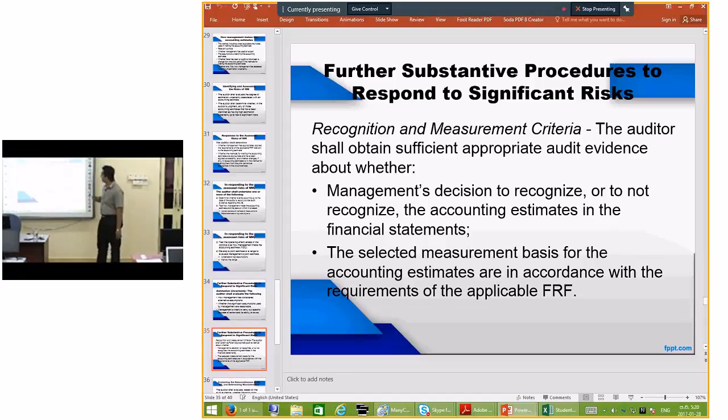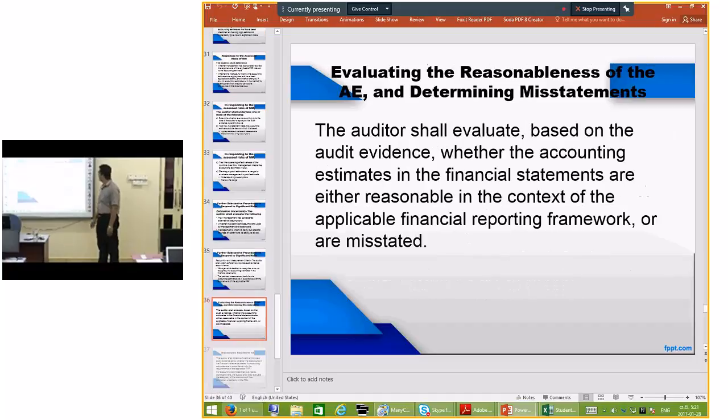Finally, the management should make the proper disclosures, right? Recognition and measurement criteria: the auditor shall obtain sufficient appropriate audit evidence about whether the management's decisions to recognize or to not recognize the accounting estimates in the financial statements, and the selected measurement basis for the accounting estimates, are in accordance with the requirements of the applicable financial reporting framework.